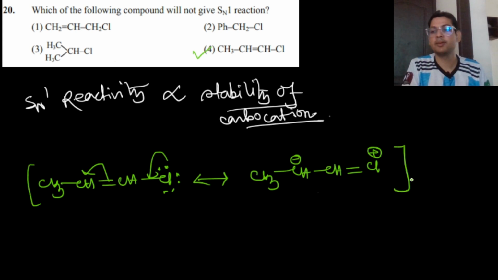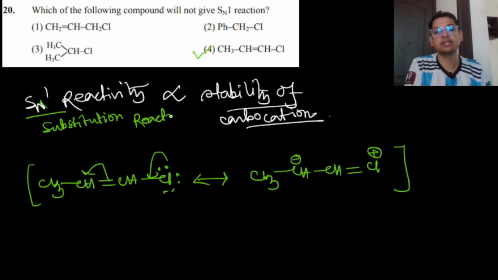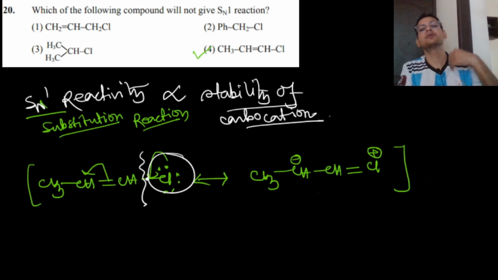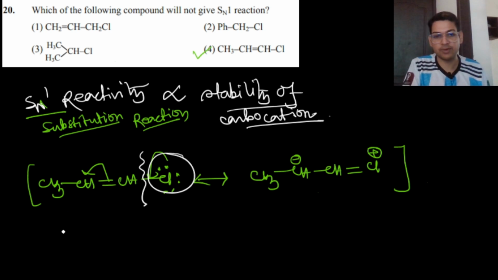Sir, what is the problem with the resonance? The problem with the resonance is that SN1 is a substitution reaction, right? And in a substitution reaction, what do you want? You want to substitute the chlorine. You want to break this bond. And you want to substitute it by something, any nucleophile, right?